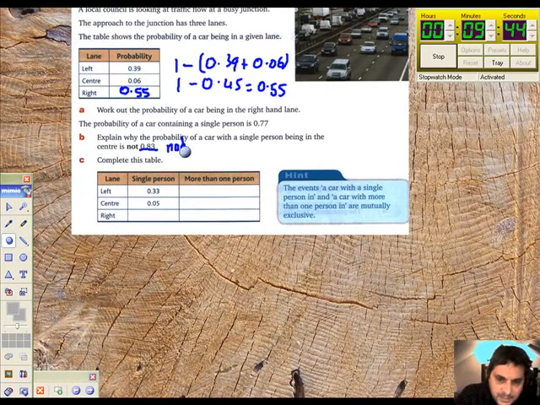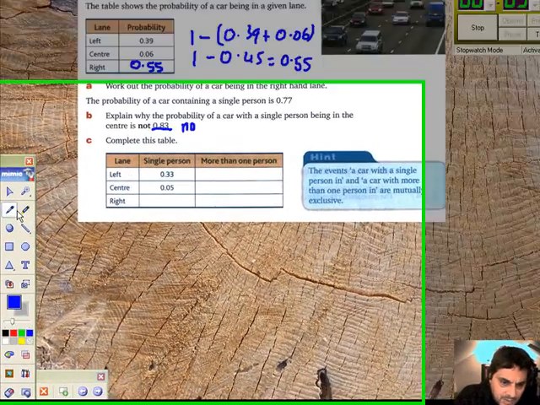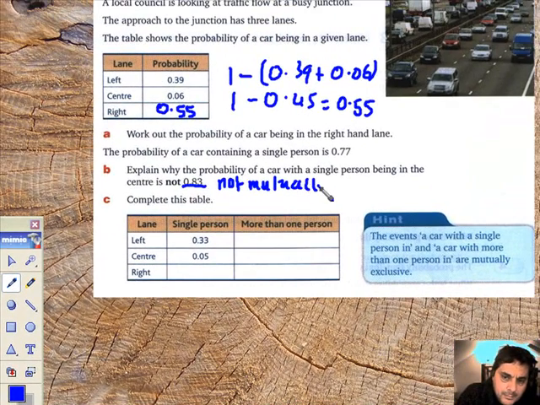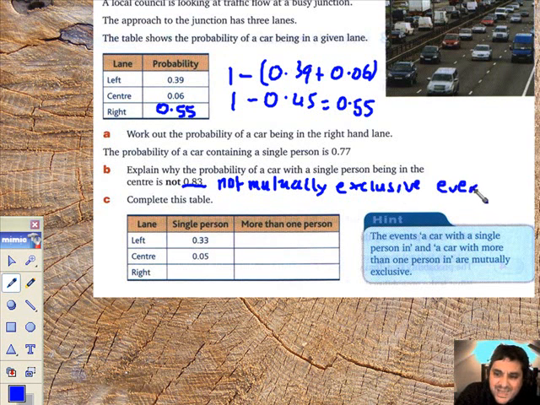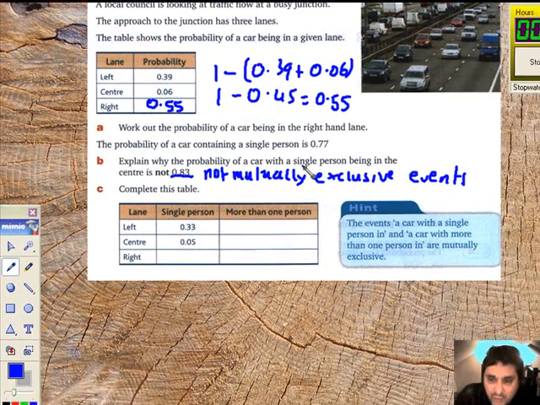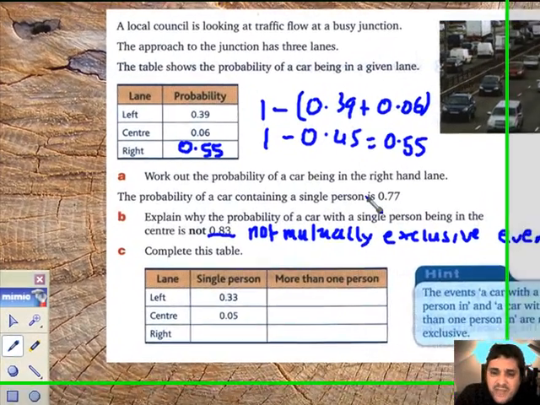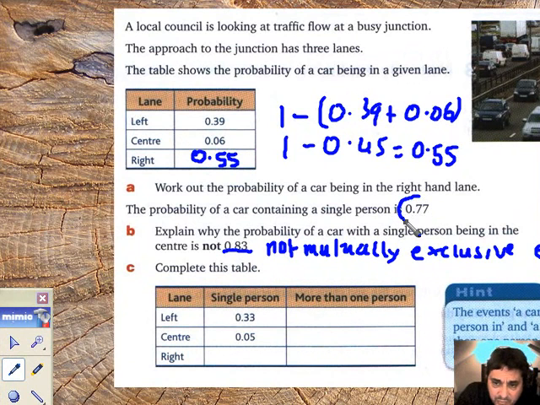Just rub it out. Not mutually exclusive events. In other words, it is possible to be a single driver within the car and to be in any one of these lanes. Alright, so for example, the probability of me being a single driver driving my car is 0.77.